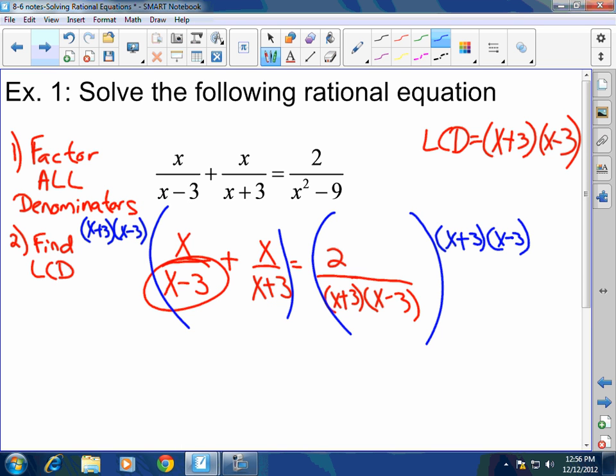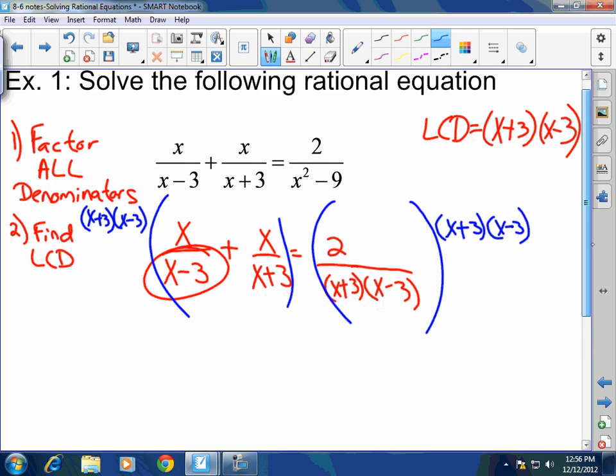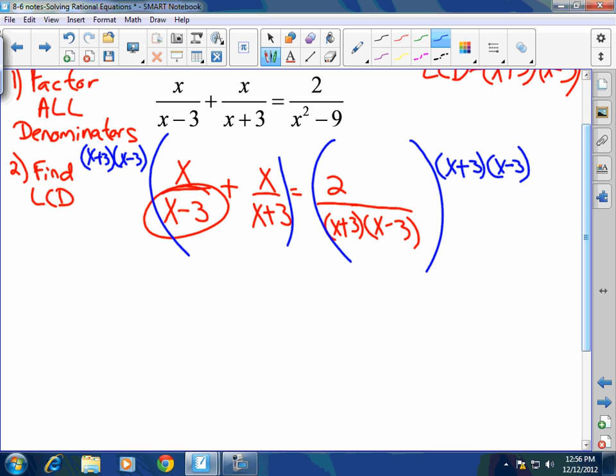Now please remember the distributive property, guys, and I'm going to show you step by step what's happening here, but eventually you're going to see this in your head. So what's happening here is multiply this to this. So you've got X times X plus 3 over X minus 3 times X minus 3 over X minus 3 plus this guy multiplied to this.